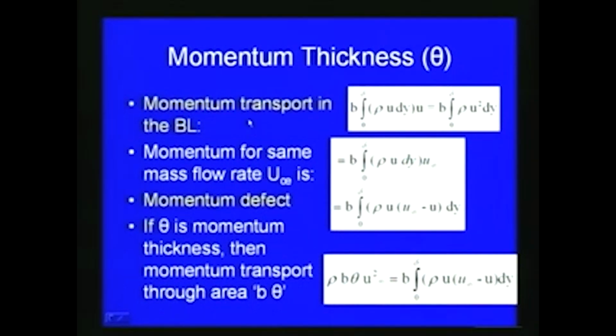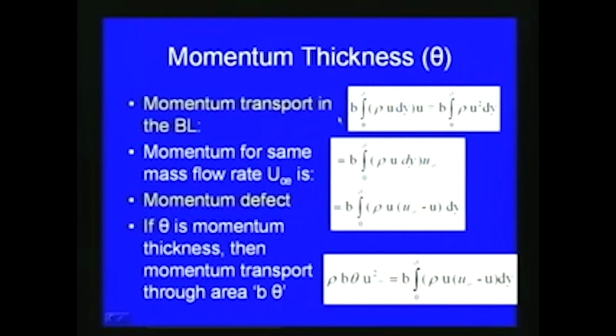Here, with respect to the flow over a flat plate which we have seen earlier, if the width of the fluid flow which we consider is b, then the momentum transport in the boundary layer we can write as b ∫ from 0 to δ of ρ u dy times u, where δ is the boundary layer thickness, u is the velocity in the boundary layer, and ρ is the density of the fluid.